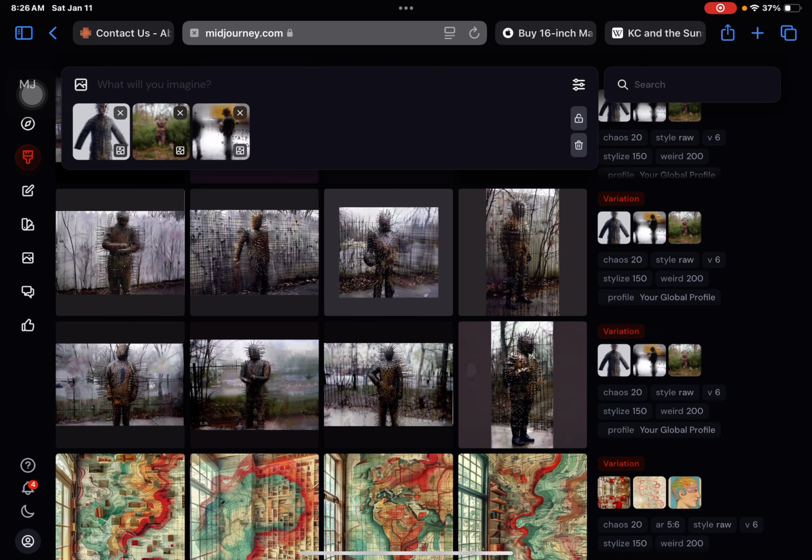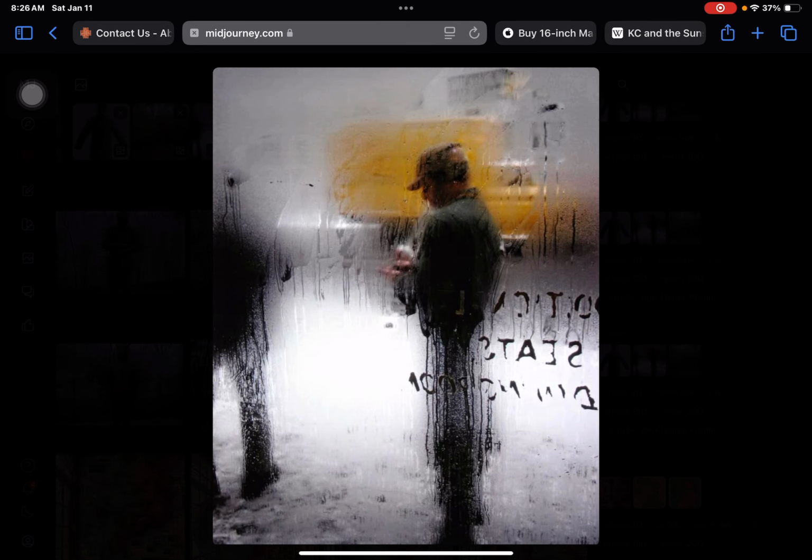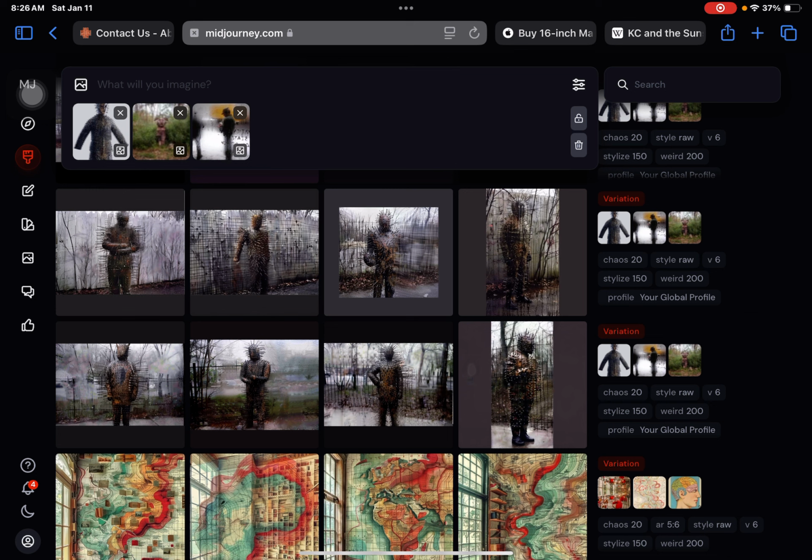And then this, I don't know where I got it from, but I could have taken it, somebody else could have taken it. It doesn't really matter. But I took these three images and I threw them together, and this is kind of what I started with, these images here.